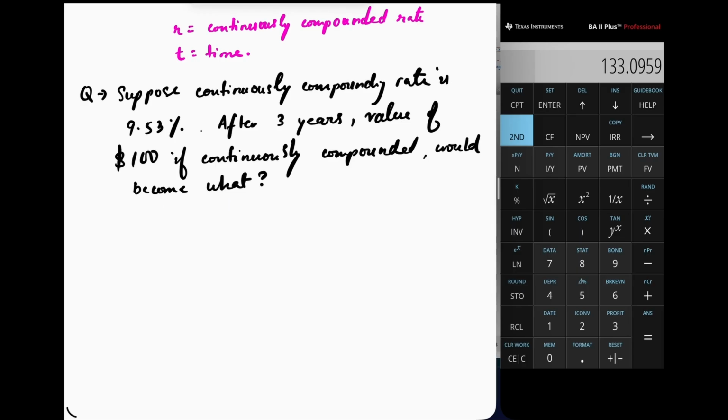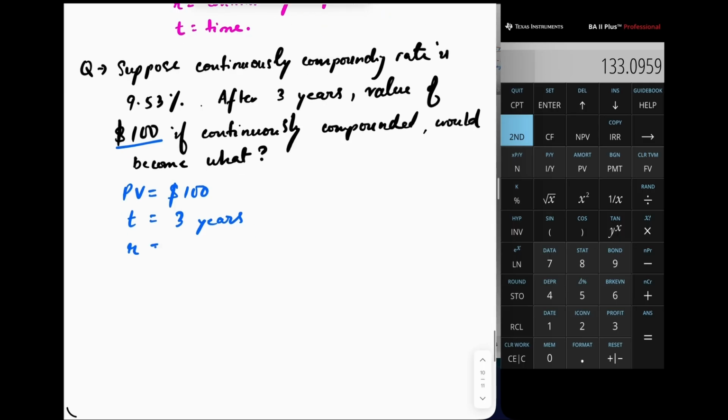So using the above formula, we know that this $100 is your present value. Time is given, 3 years. And your continuous compounding rate, small r, is 9.53%, which I can write as 0.0953. So if I plug in, future value equals present value into e^(rT).